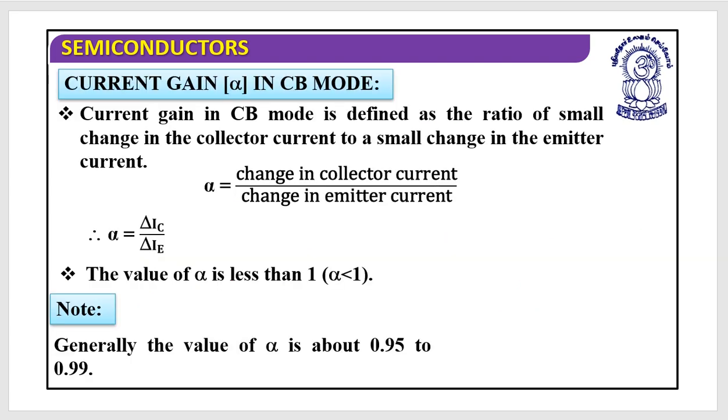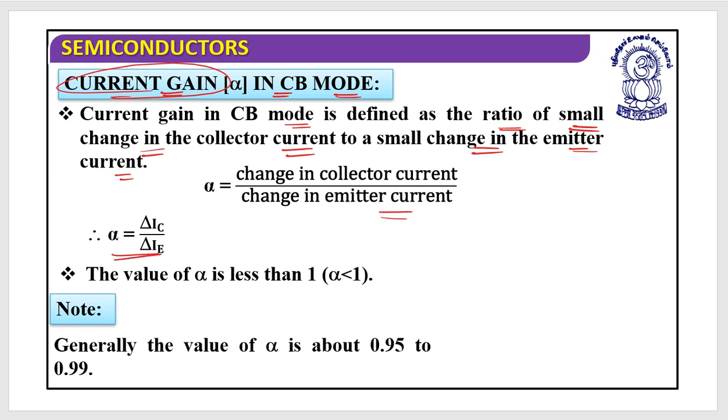Now let's first discuss the current gain in common base mode. Current gain in CB mode is defined as the ratio of the small change in the collector current to the small change in the emitter current. Basically it is output divided by input, but as it is about current, it is the change in collector current to the change in emitter current.